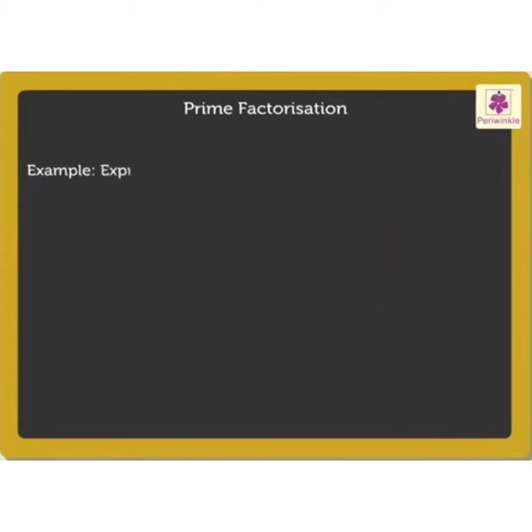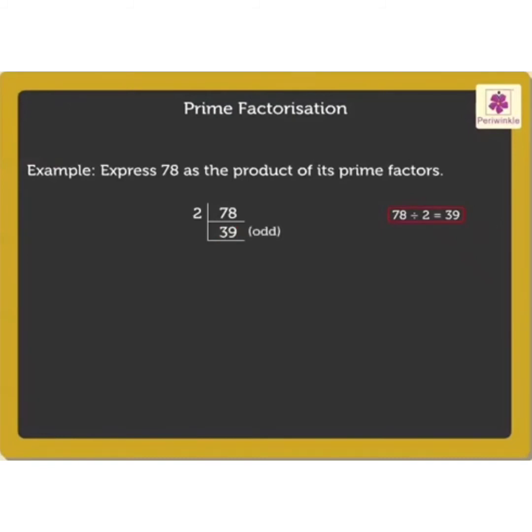Now let us solve one more example. Express 78 as the product of its prime factors. As 78 is an even number, it is divisible by 2. 78 divided by 2 is 39. Next, as 39 is an odd number, it is not completely divisible by 2.